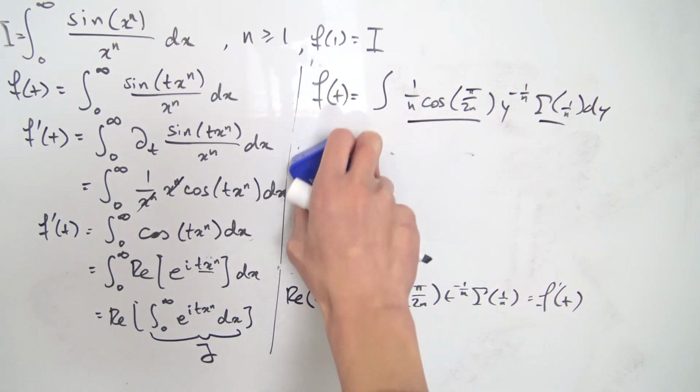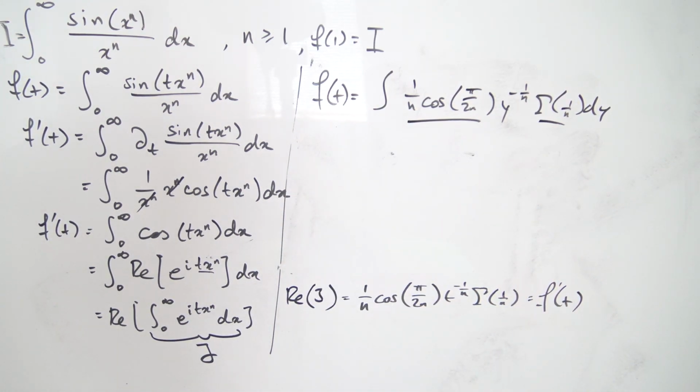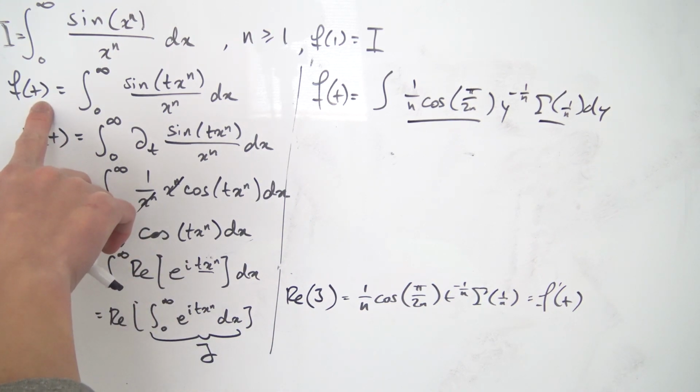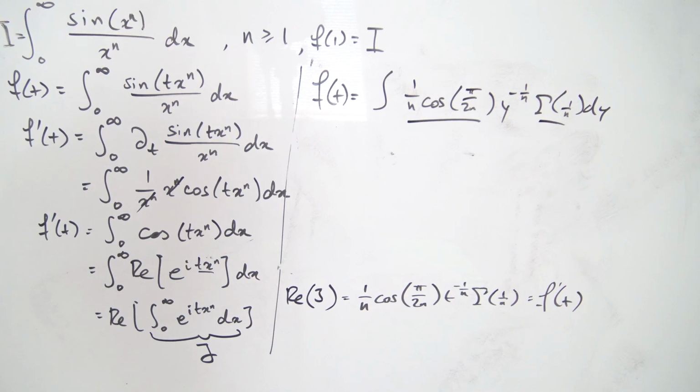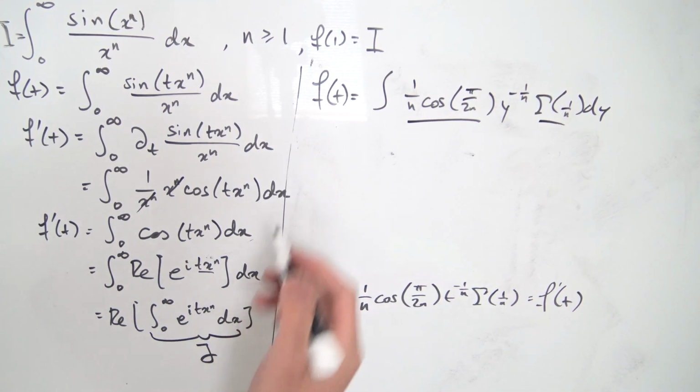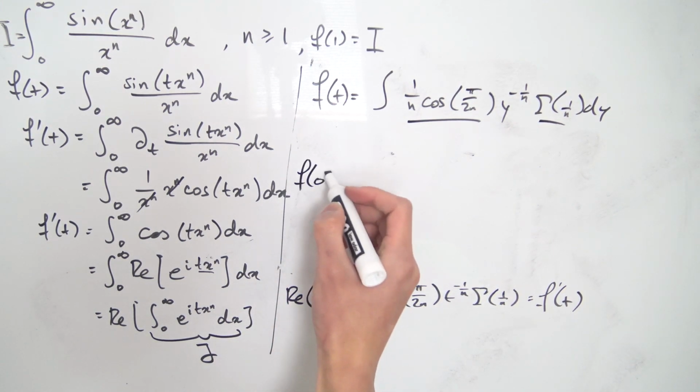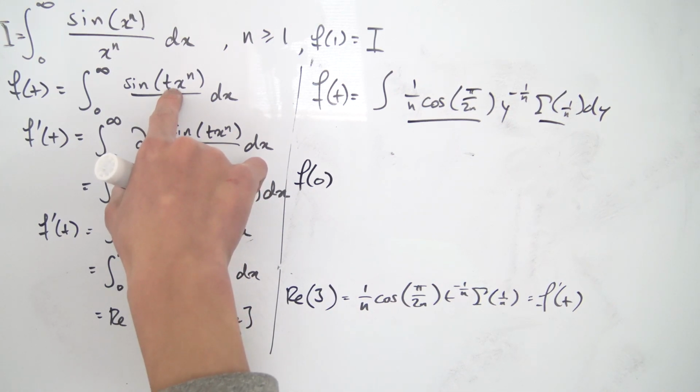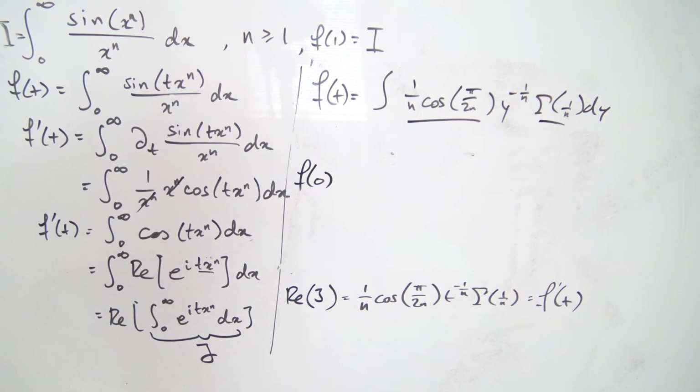So what's our initial condition, kind of? Well, if you look back on our f of t right here, what happens if we plug in a 0, for example? So what's f of 0? Well, let's plug 0 into here. We're going to get 0 inside of this sine, which means that sine of 0 is 0, which means that this whole entire integrand is 0. So if we're integrating 0, that's a 0.